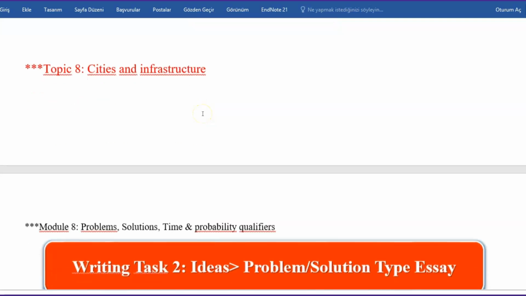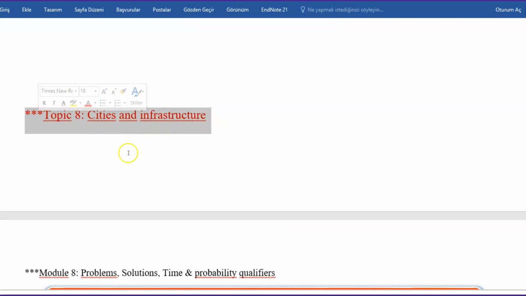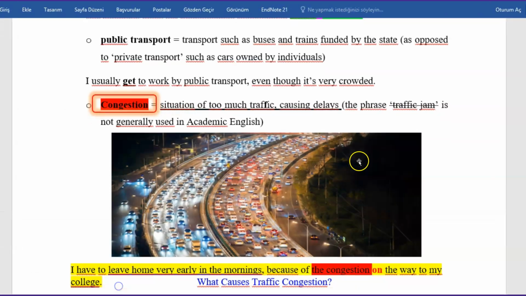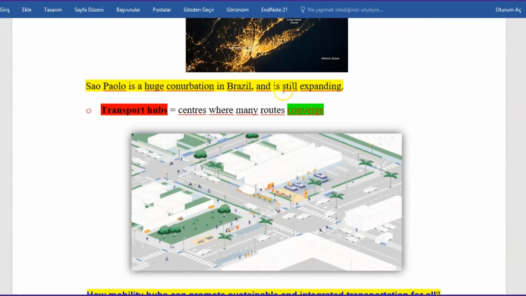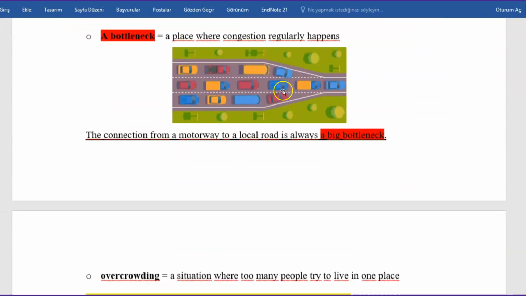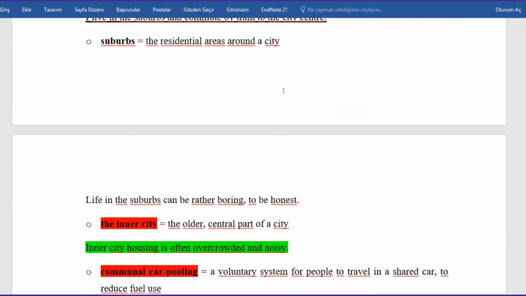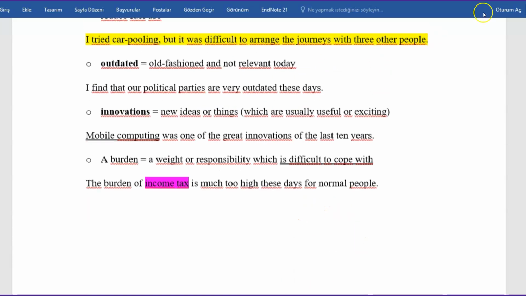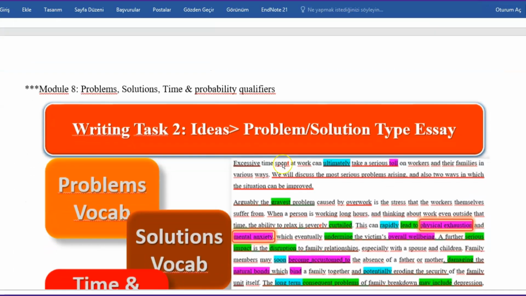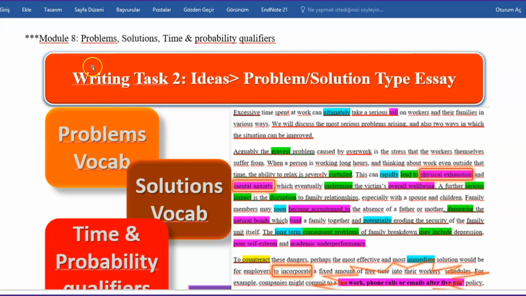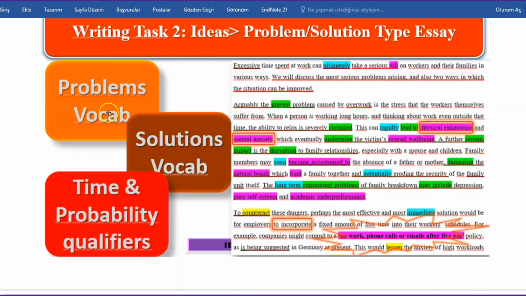As I said, you have to be familiar with this topic, cities and infrastructure. It's important because this is important in your IELTS writing as well as your speaking, okay? The candidate used in a perfect way, and he or she was familiar with the problems vocab, solutions vocab, and time and probability qualifiers.